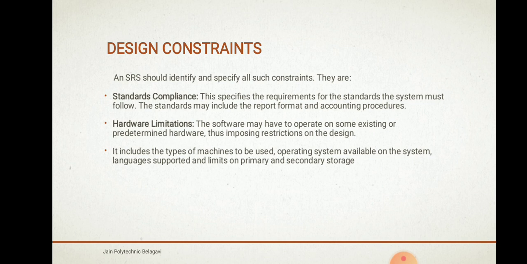So if you are developing any project, the SRS should also specify on what operating system the product should be available, what type of machine should be used, which languages should be supported, and also how much storage it should take. So these are the constraints that should be given in the SRS.